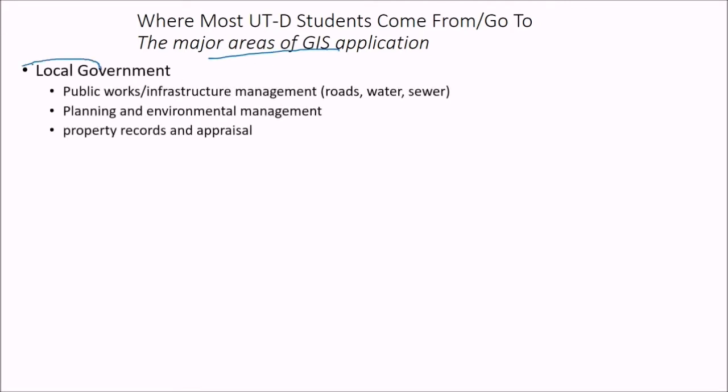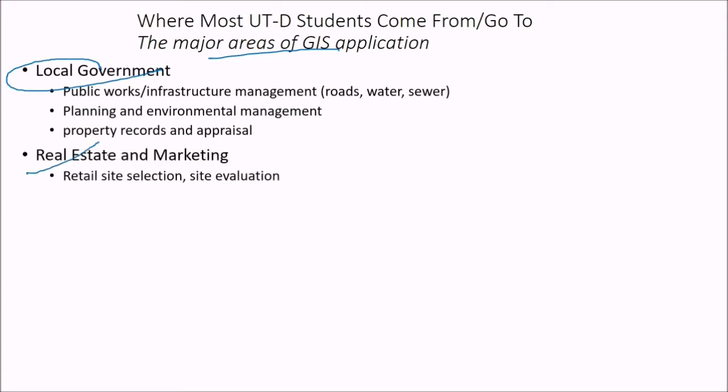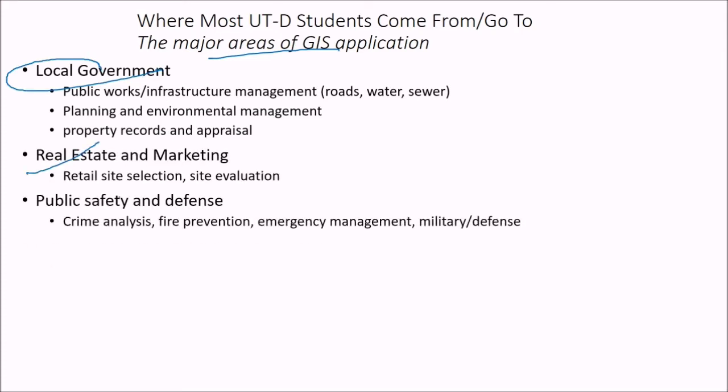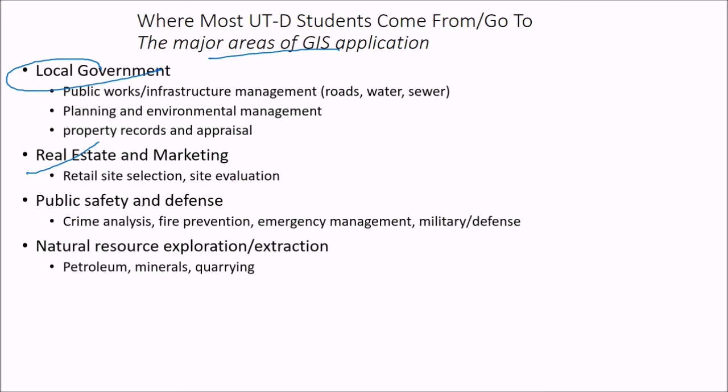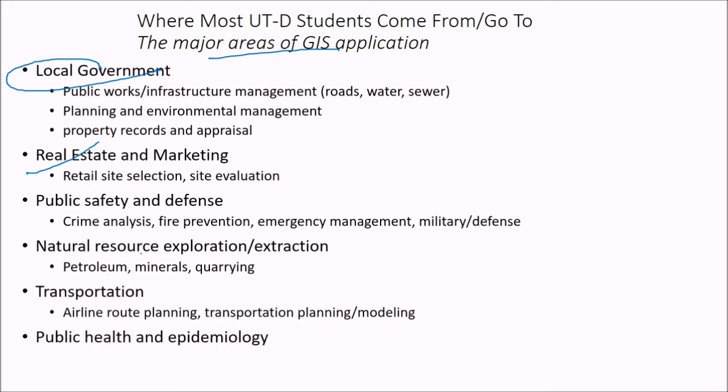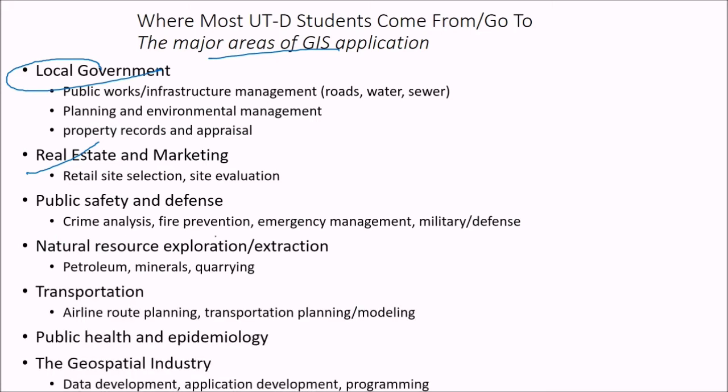They employ GIS. So the major areas of GIS application are local government, real estate and marketing, public safety and defense, natural resource exploration, extraction, transportation, and public health and epidemiology. The geospatial industry, these are the major areas of GIS application.